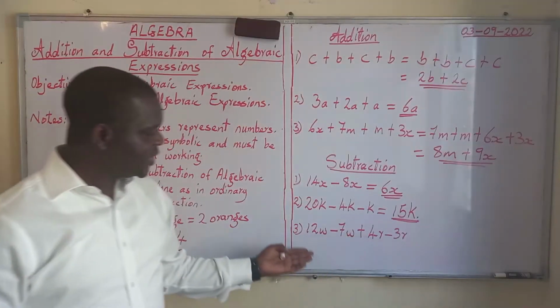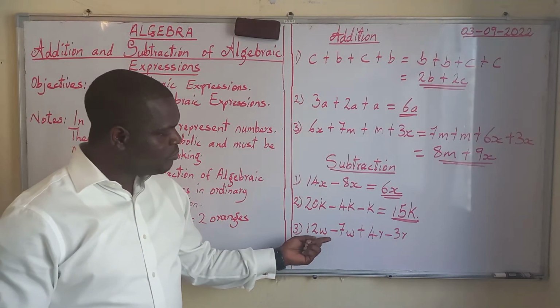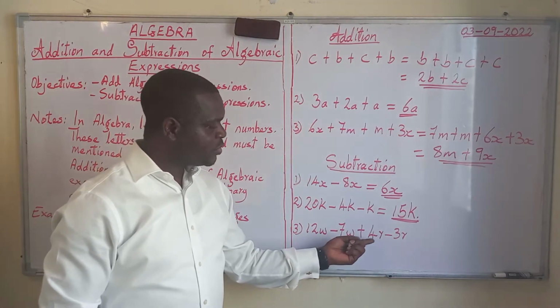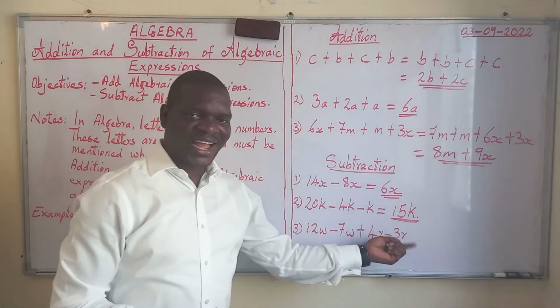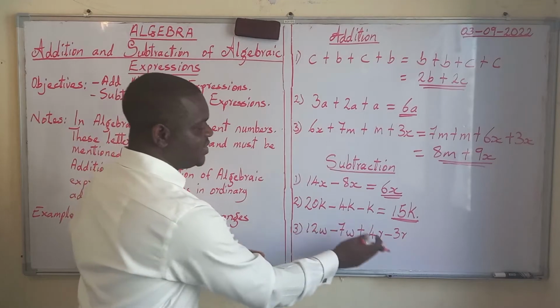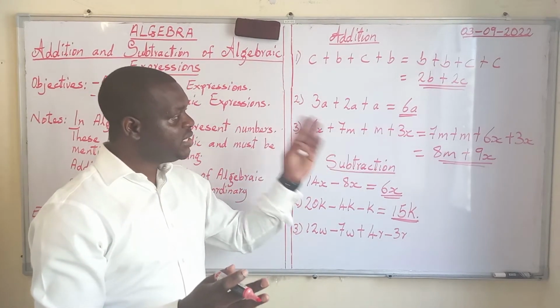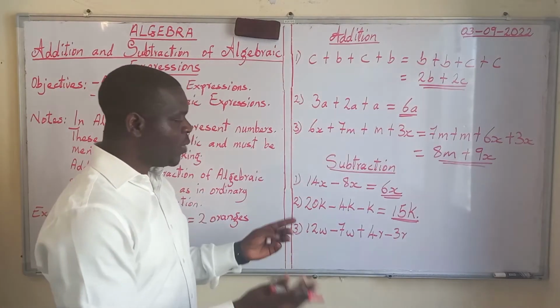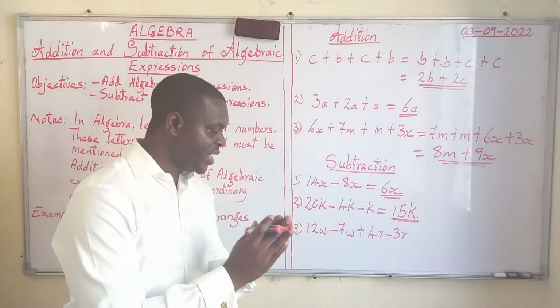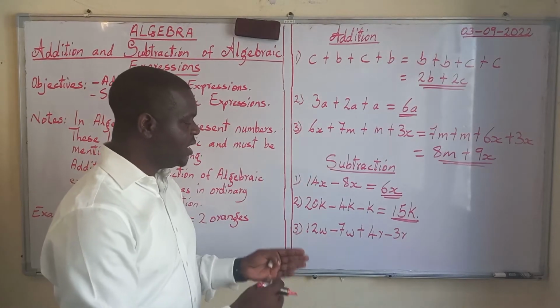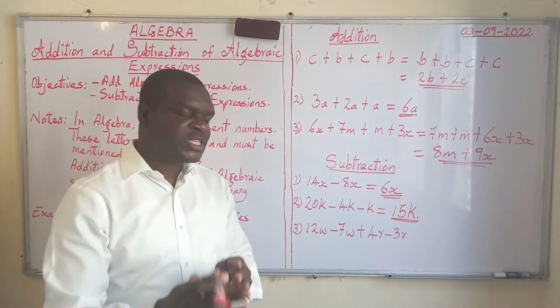Here is our third example: 12w minus 7w plus 4r minus 3r. This is where we have different terms and we have to bring them together. One of the key things we've noted here is that when bringing the like terms together, we rearrange so that they come in alphabetic order.